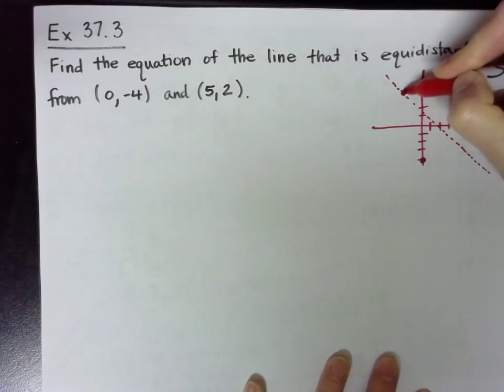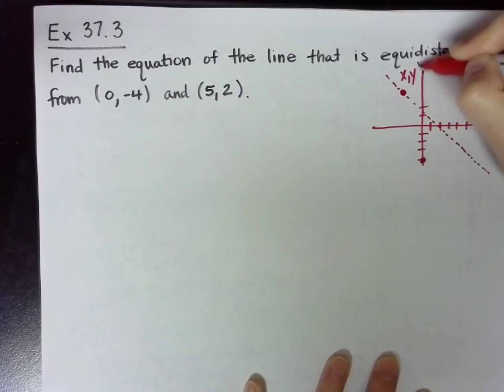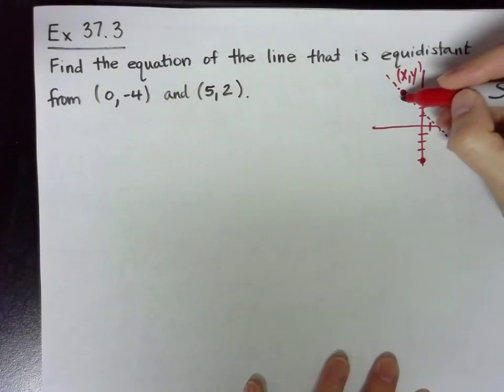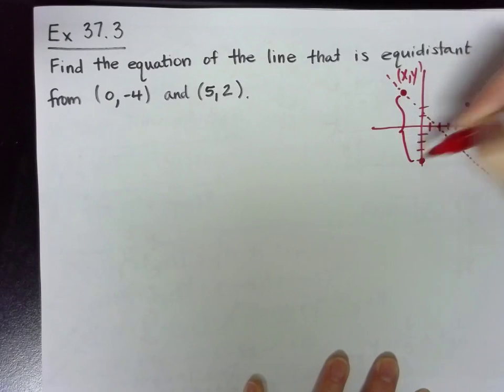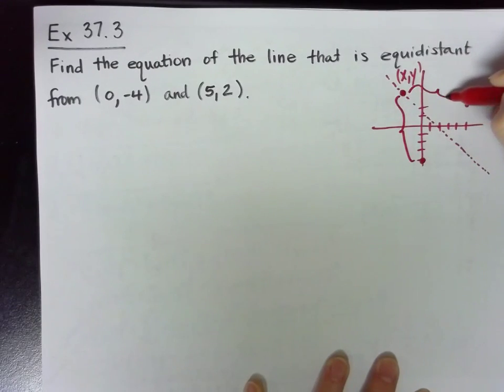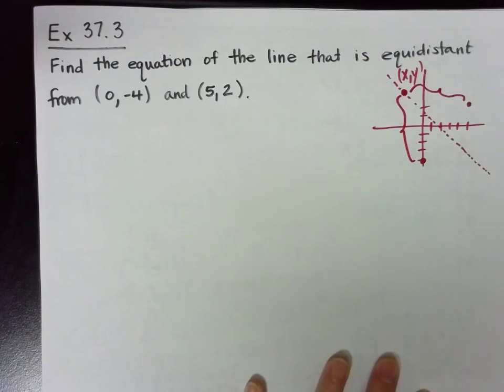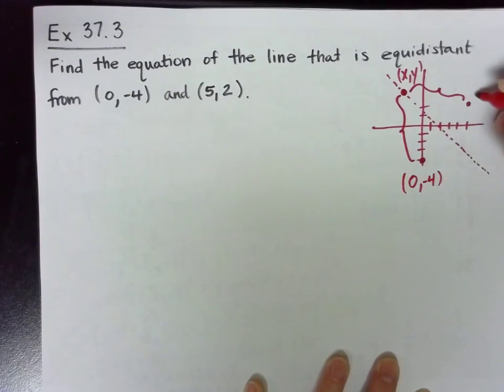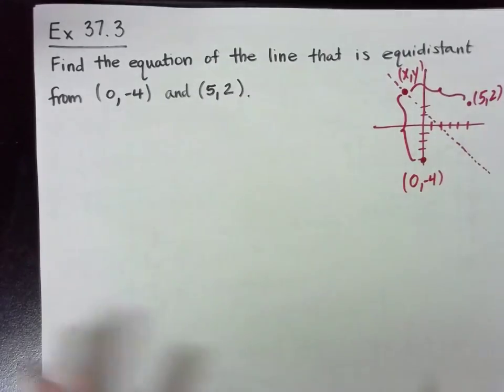And so we'll just pick some random point (x, y). So I need to calculate this distance right here and this distance right here and set them equal to one another. This is point (0, −4), and this is (5, 2).